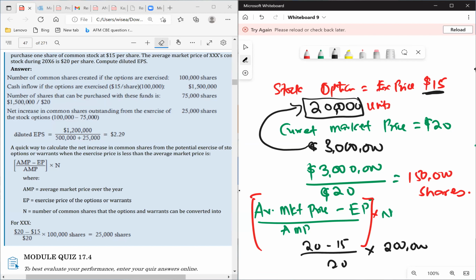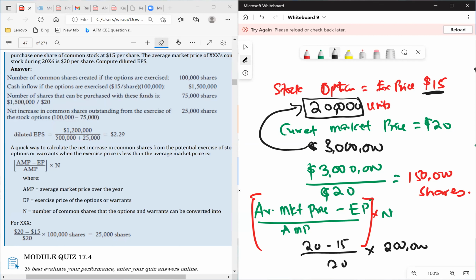That $3 million cash that the company has, because the company is supposed to issue those 200,000 shares to the employee. And then if the employee pays the $15 agreed, which is the exercise price, the company is going to get $3 million. Now, to calculate the diluted earnings per share, we need to buy the stock from the market.